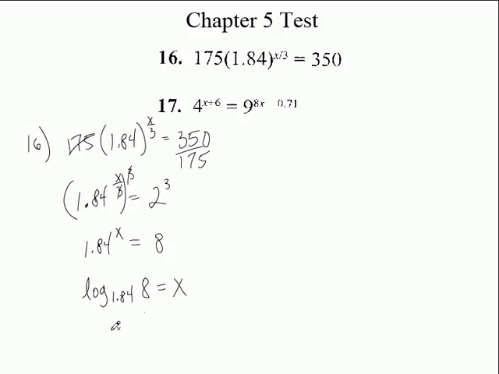So let's do that. x is equal to, now we don't have base 1.84 in our calculator, so what we do is we go log, or you can do natural log if you want to, of 8 over log, common log base 10, of 1.84. Alright, let me throw that in a calculator.